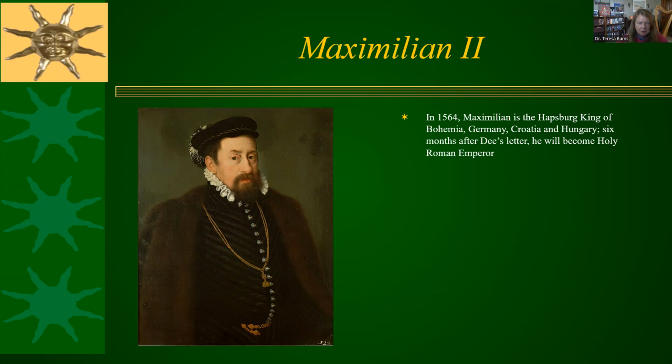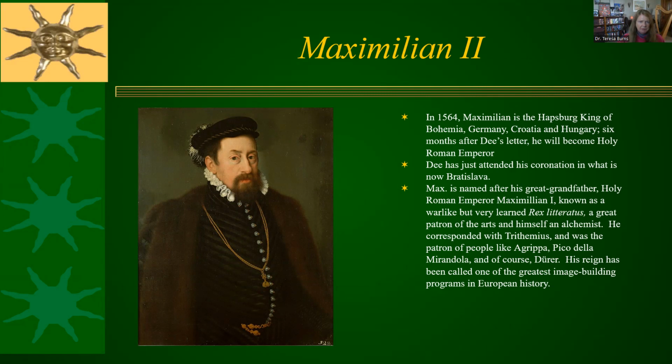Google the House of Habsburg if you want to know more about that. 6 months after Dee gives him a copy of the Hieroglyphic Monad and has one printed by Silvius, Maximilian II is going to become the Holy Roman Emperor. That's very important. Dee, by the way, has attended his coronation as king in what is now Bratislava.